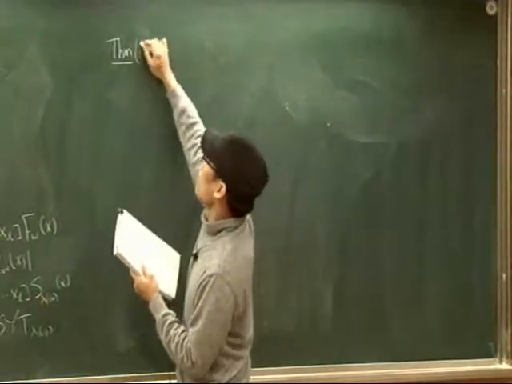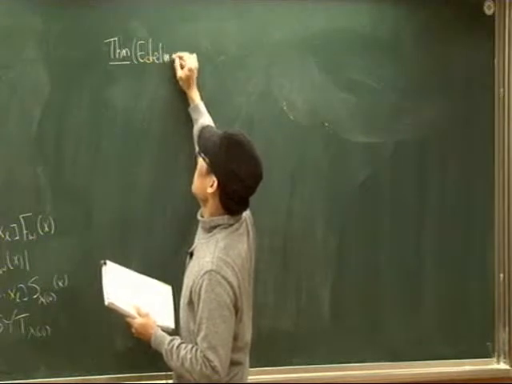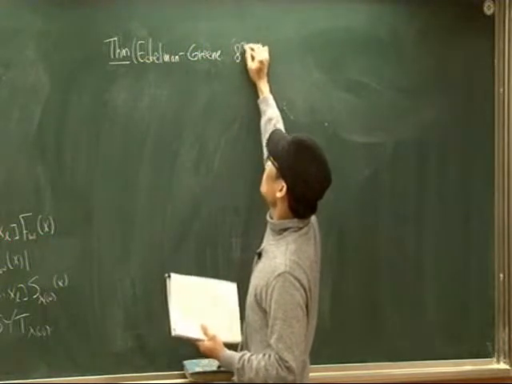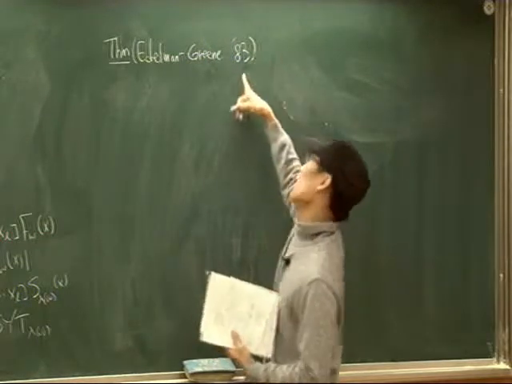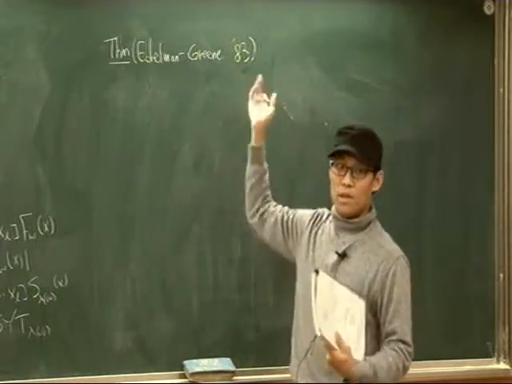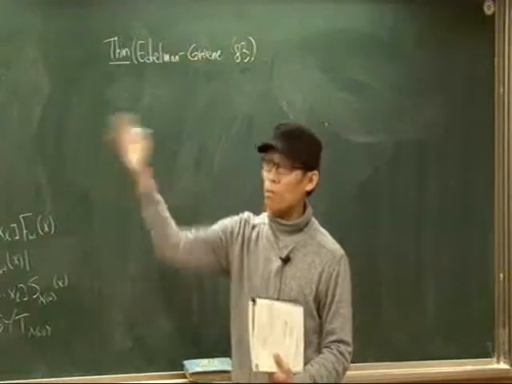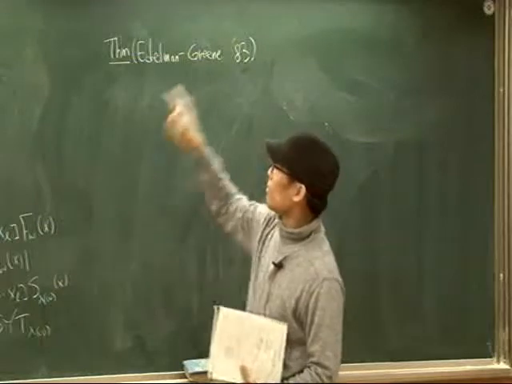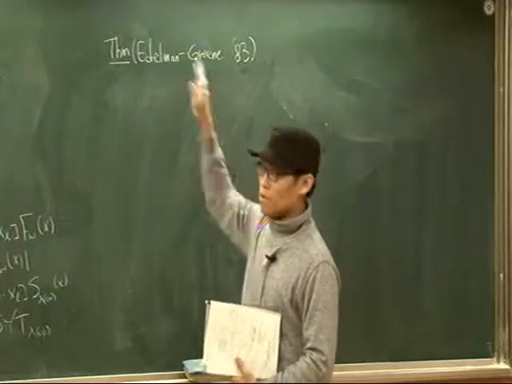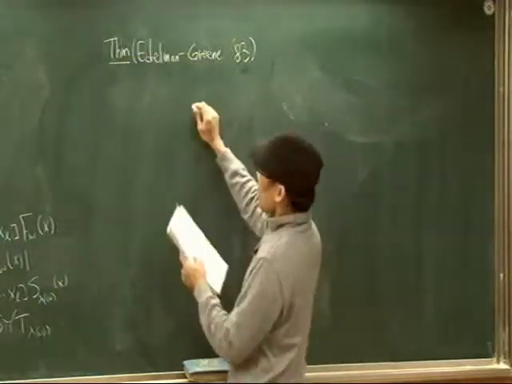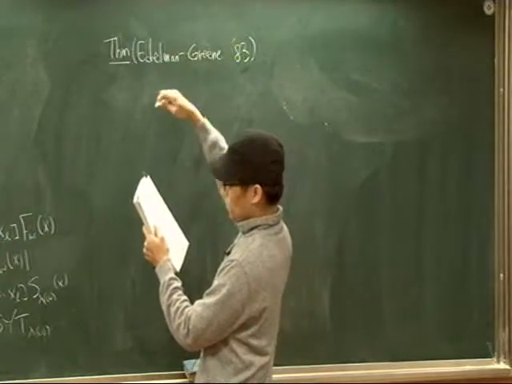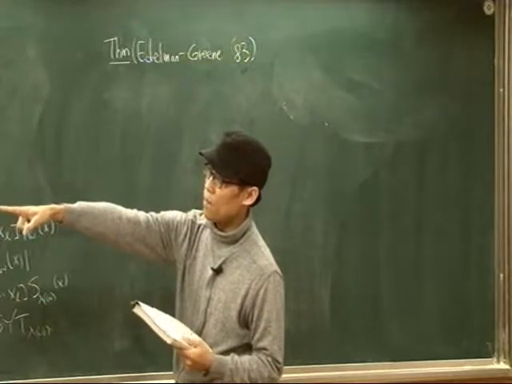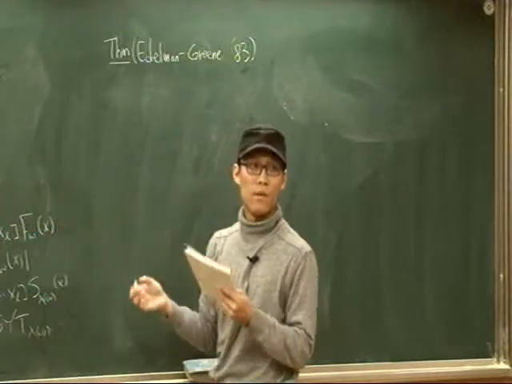On the other hand, Edelman and Green, actually in almost the same year, I'll write 83, but it's almost the same year. That paper refers to this paper, and this paper also refers to that paper. Edelman and Green proved that theorem using a completely different method.